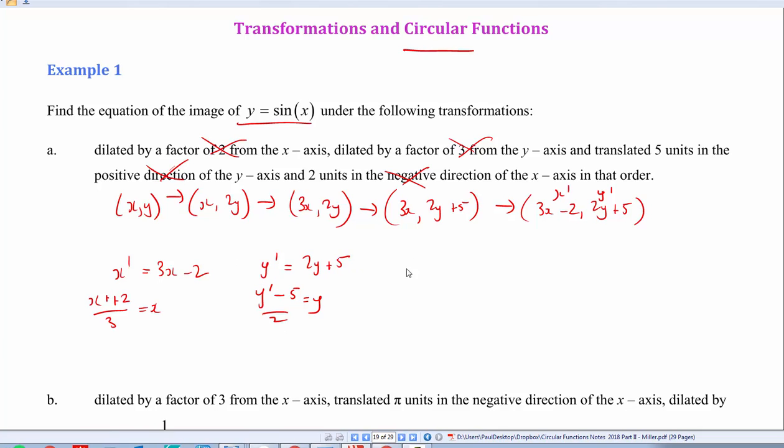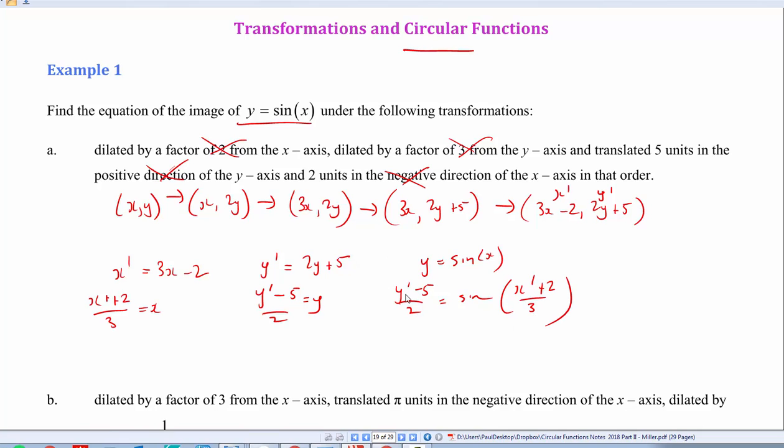Now we started with y equals sine x, and to do the transformations we're going to make this substitution. So x is going to get this value here and y is going to get this value here. Y dash take 5 on 2 is equal to sine of x dash plus 2 over 3.